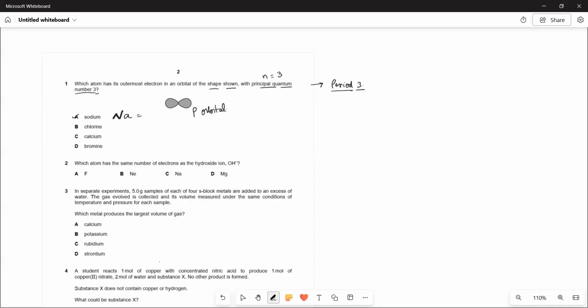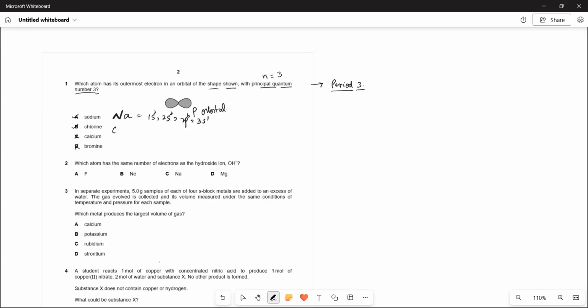So sodium is in it, chlorine is in it, calcium is not in period 3, and bromine is also not in period 3, right? And now they are saying it has electrons in the p orbital. If we look at the configuration of sodium, it is 1s2, 2s2, 2p6, and 3s1.